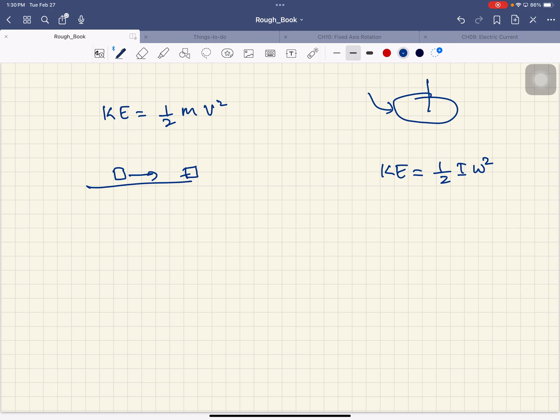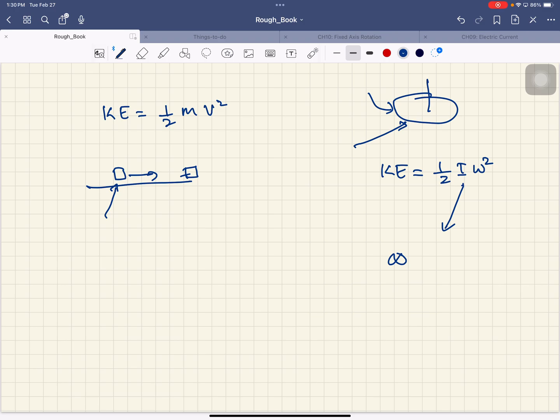So you just have to figure out a way of finding the moment of inertia. And it turns out, what is the mass of this guy? Whatever it is, in no circumstances does it change. The mass is fixed. The moment of inertia of the same object can have infinitely many different values depending on how the mass is distributed.